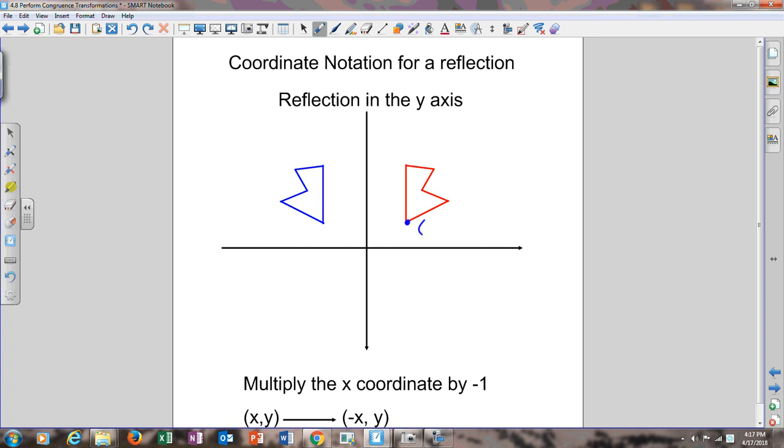And so if this is 2, 1, then we multiply the x-coordinate by -1: -2, 1. And that's it. So fairly easy for reflections. Just remember, if you're reflecting over the y, you multiply the x by a -1. If you're reflecting over the x, you multiply the y by -1.